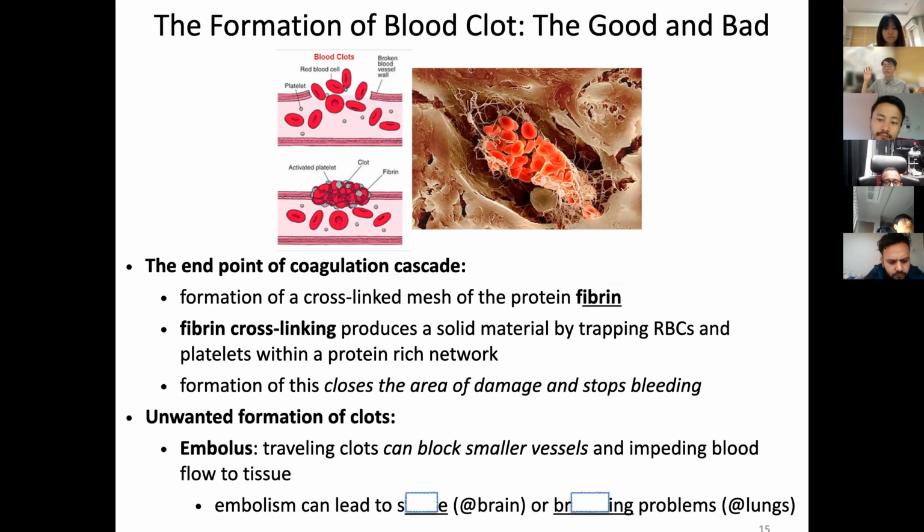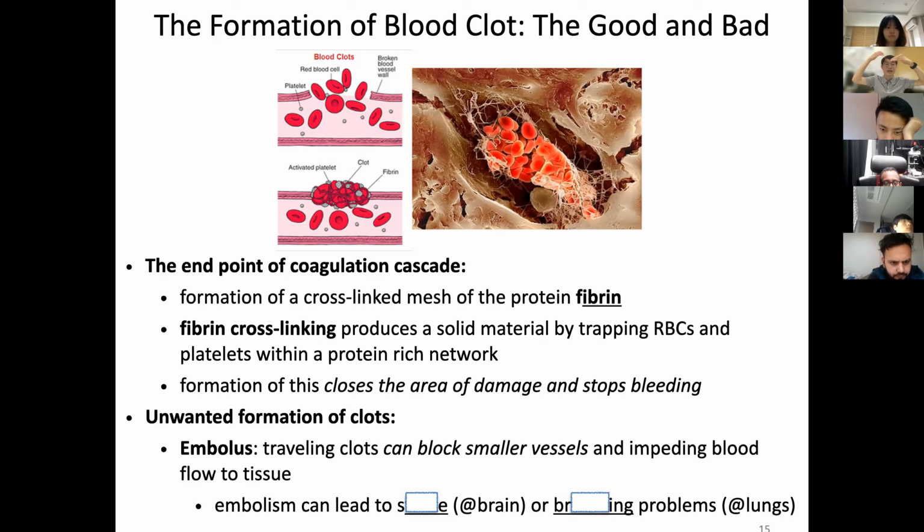So that's the protein fibrin, and that fibrin cross-linking generates a solid material by trapping RBCs and also platelets within a protein-rich network. And of course, why is this neat? The formation of this will close a vessel that has a leakage or damage and stops bleeding. If you look at this cartoon and this nice electron microscope graph, which is painted properly for the RBCs, you also see the whitish networks, because this is an intrinsic mechanism.